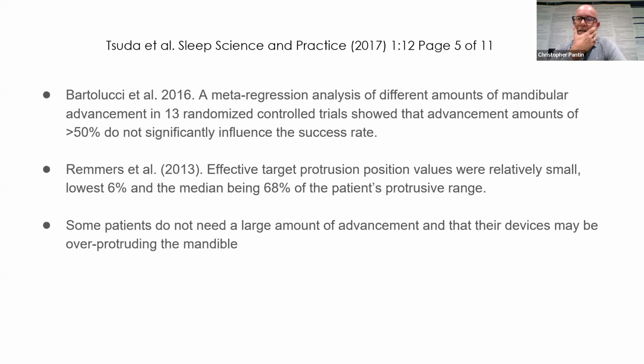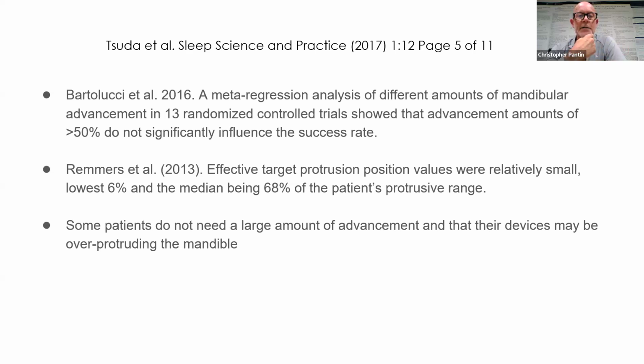So in 2016, in a meta-regression analysis of different amounts of mandibular advancement in 13 randomized controlled trials, it showed that advancement amounts of greater than 50% do not significantly influence the success rate, which was really interesting.